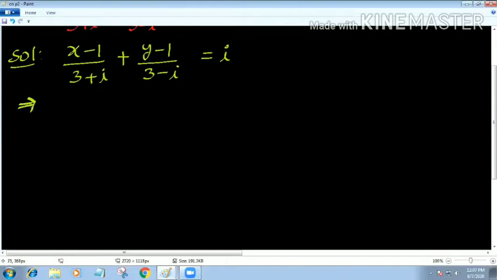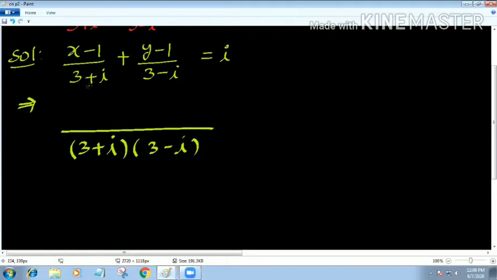Now taking the LCM on the left side, taking the LCM as (3 plus i) and (3 minus i).